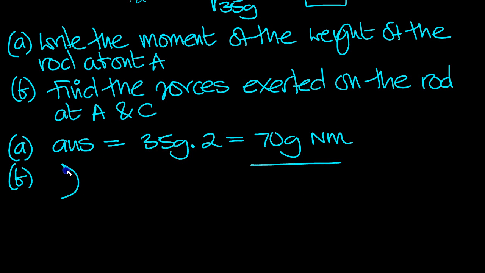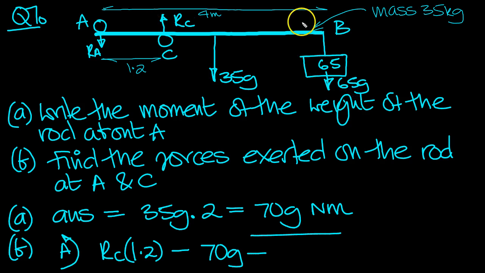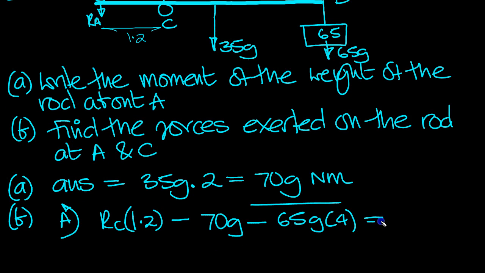Let's take moments around A. We know that RC times 1.2 is a plus, minus this one, 35G times 2, which is 70G, minus the weight here, which is 65G, times its distance, which is 4. And that moment must equal 0.